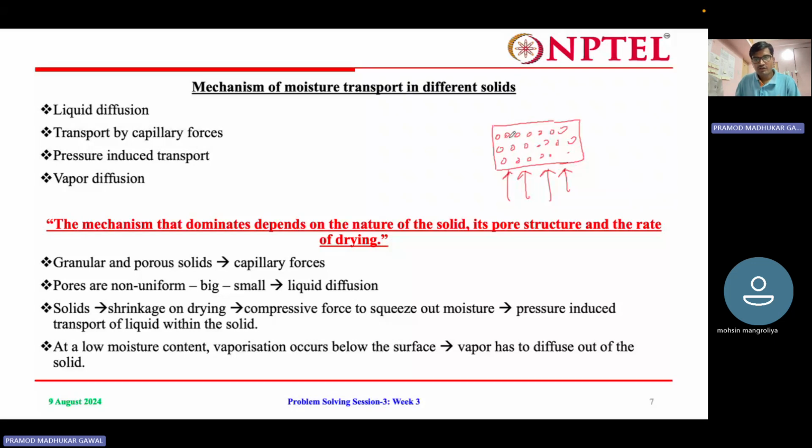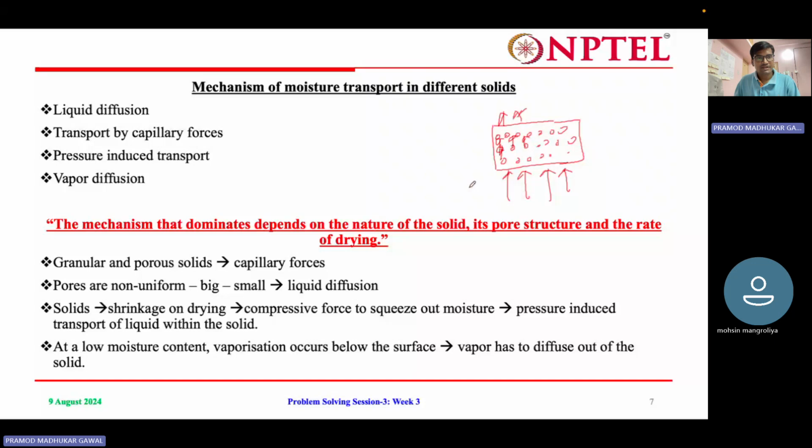Initially the moisture transfers by liquid diffusion, after that by capillary force, that is, capillary action.